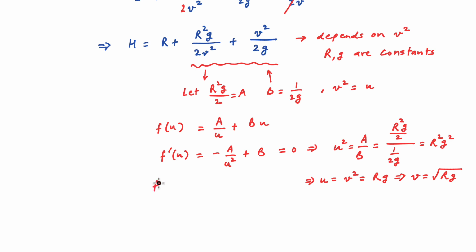Again, take the derivative of f dash u, we get f double dash u is equal to plus 2A upon u cube. Because both A and u are positive, this expression is positive, and therefore f of u achieves a minimum at u is equal to rg, and its value is equal to the value of A upon u plus B times u when u is equal to rg.